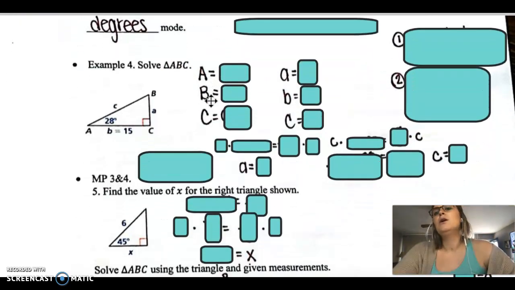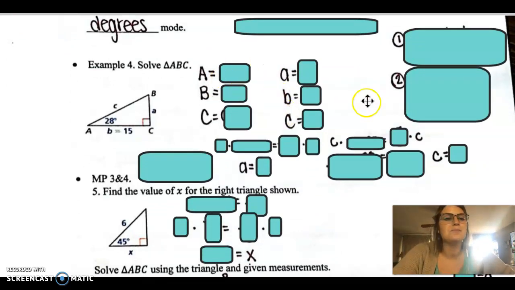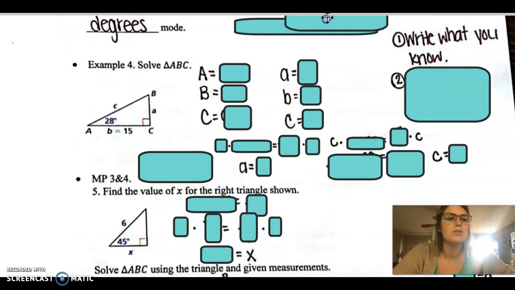All right, so we want to solve triangle ABC for example 4. Step 1 is to write what you know. So we have big A, big B, big C, and then little a, little b, little c. Here's the triangle that they give us. Big A is 28 degrees, so we know that. Capital letters represent angles and lowercase letters represent sides.